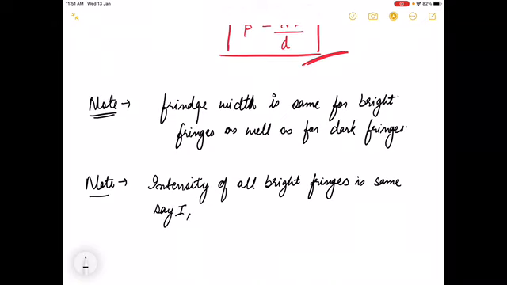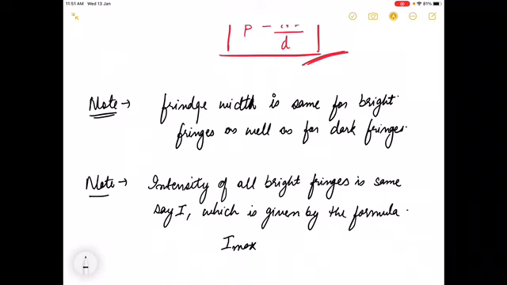Let me call it some I, right? Which is given by the formula that we studied in interference, which is given by the formula I max is actually equal to root of I1 plus root of I2 whole square, right?